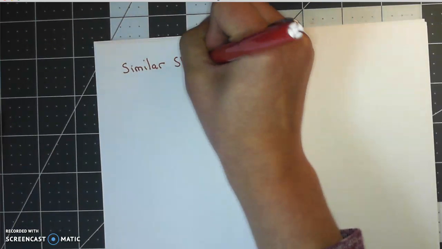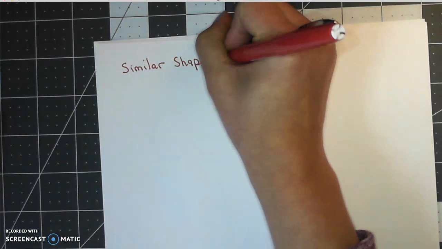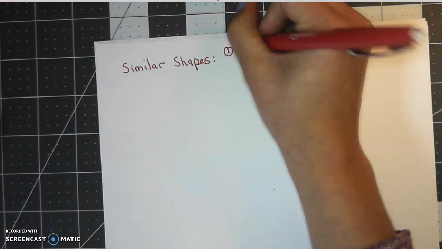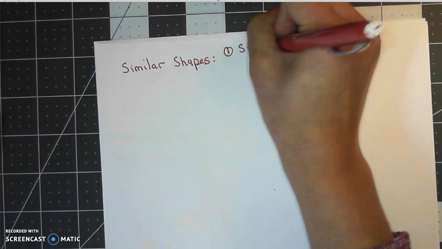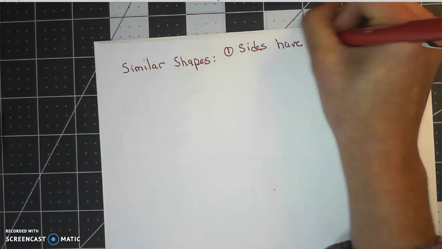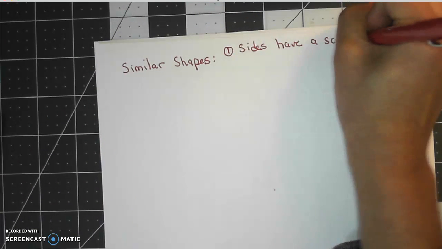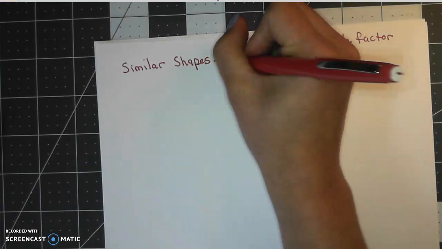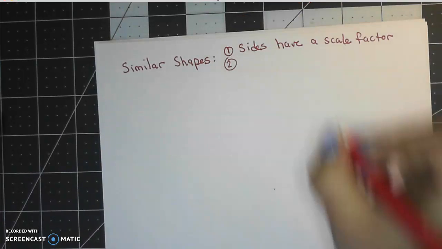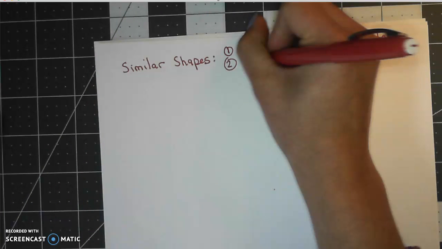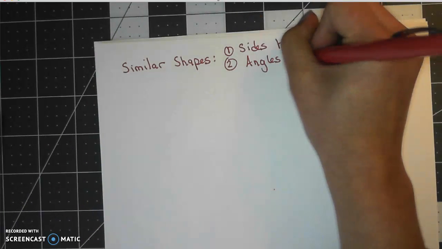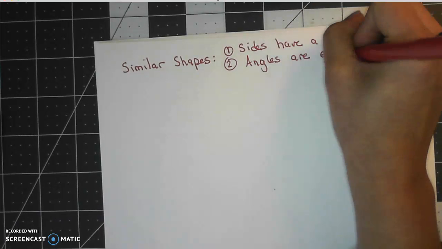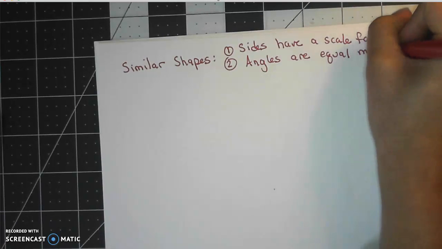The first is that the sides have a scale factor, and the second is that the angles are all equal. Cool.